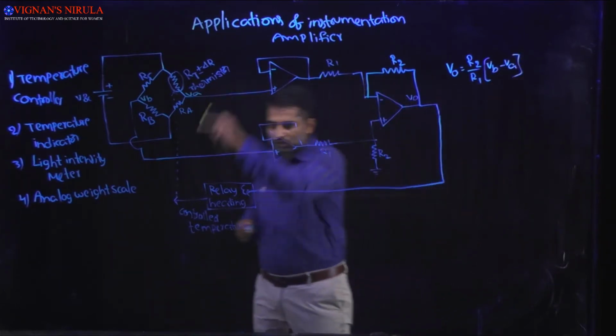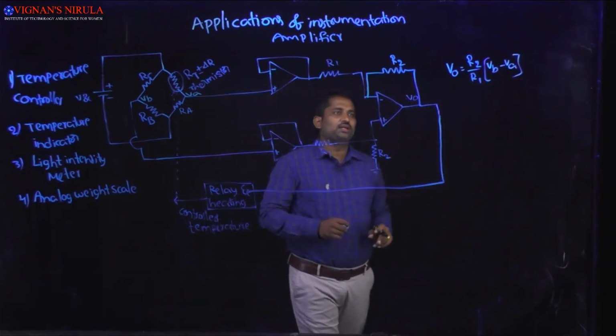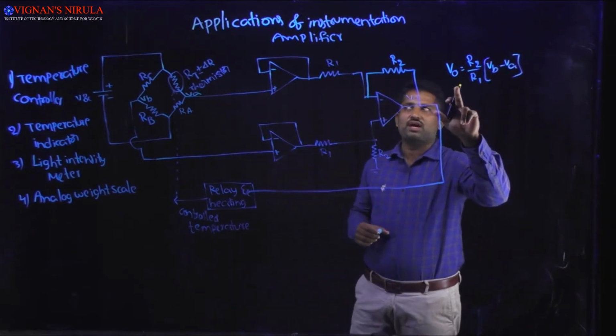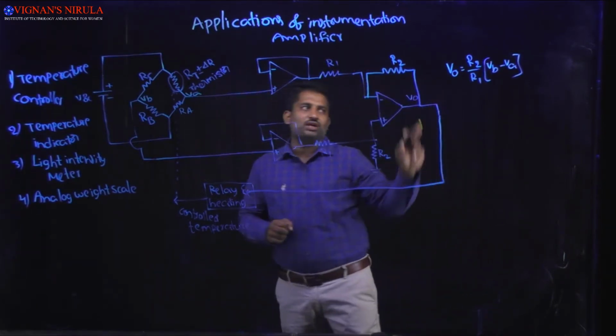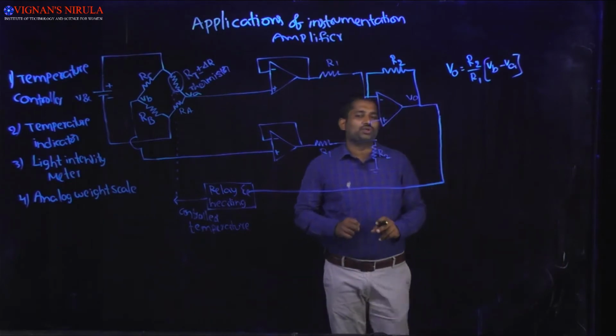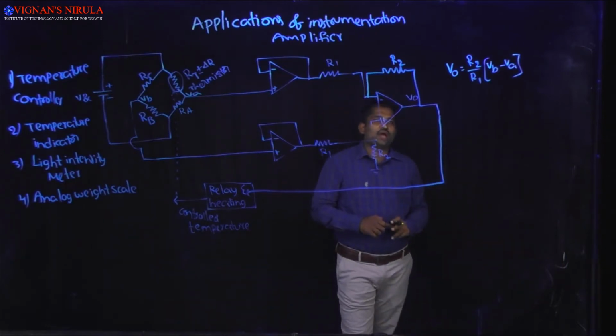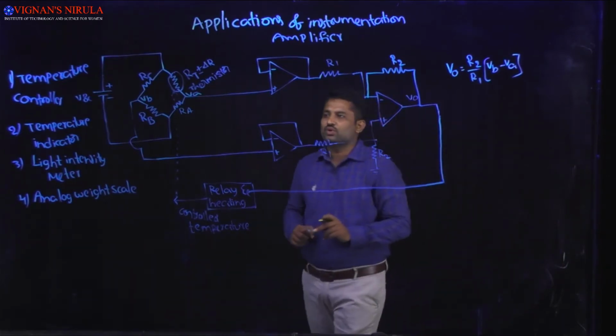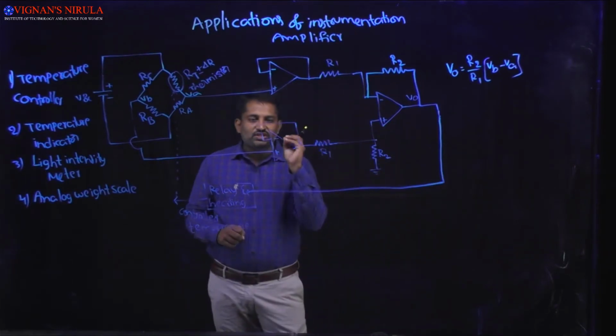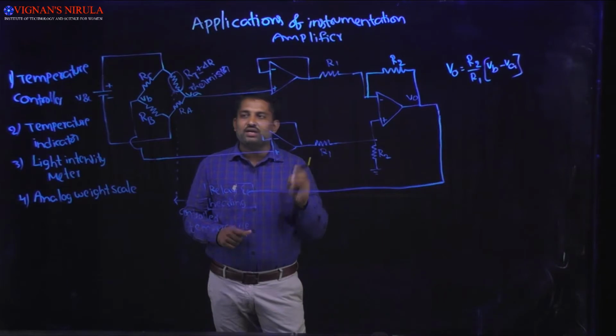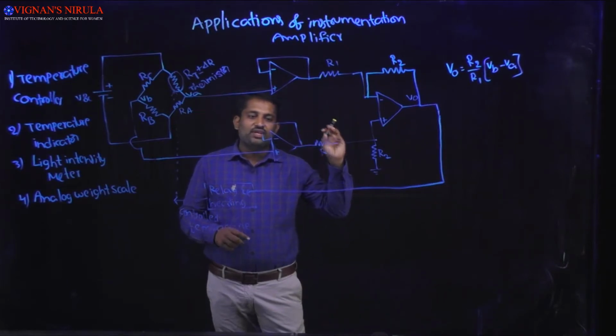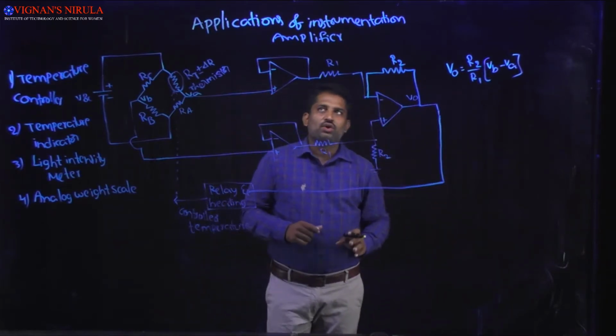From this circuit, the output voltage of the total temperature controller is V0 equal to R2 divided by R1 into VB minus VA. Once the bridge is balanced, VA will be equal to VB and V0 is equal to 0.